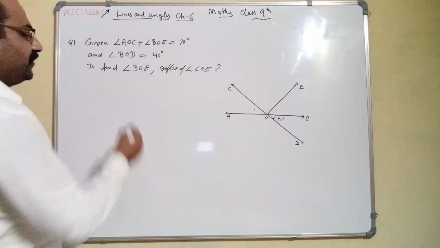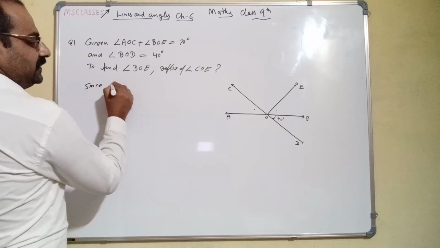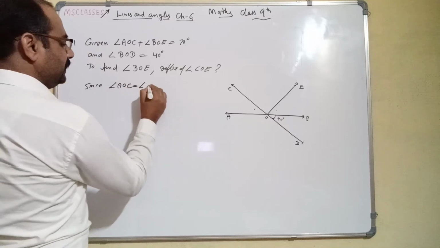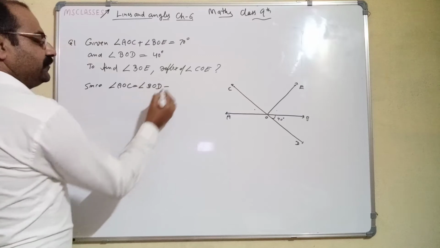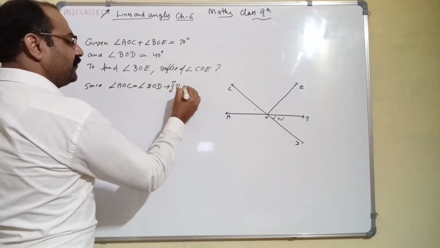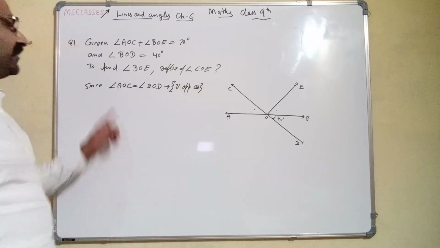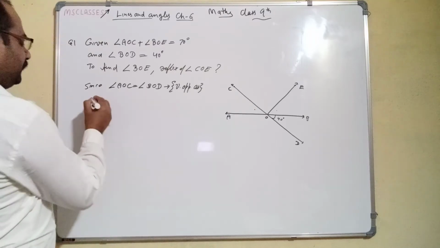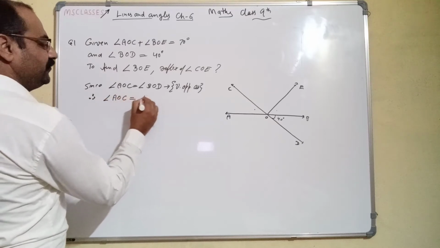So first of all, since angle AOC is equal to angle BOD, why are these equal? These are vertically opposite angles, that's why these two are equal. Therefore, angle AOC is equal to 40 degree.